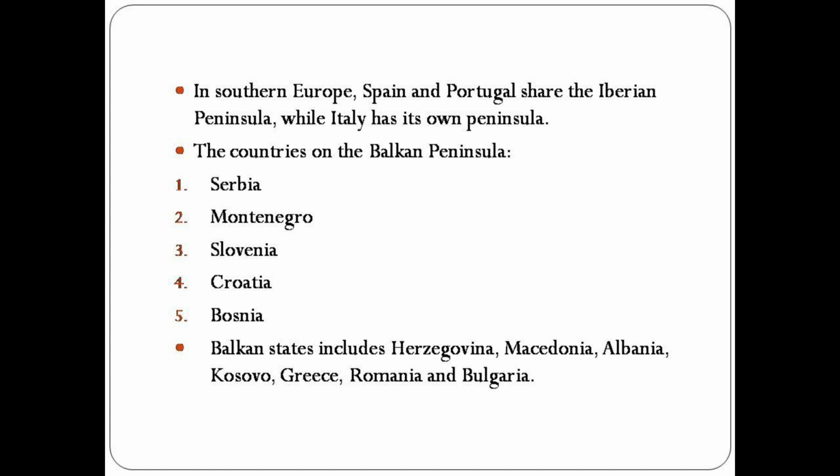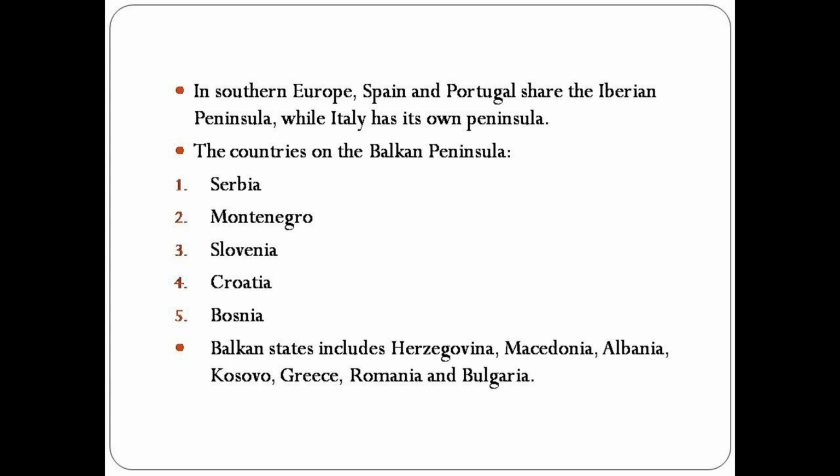The countries on the Balkan Peninsula are Serbia, Montenegro, Slovenia, Croatia, Bosnia. The Balkans, also known as the Balkan Peninsula, are a geographic area in southeastern Europe with various definitions and meanings, including geopolitical and historical.